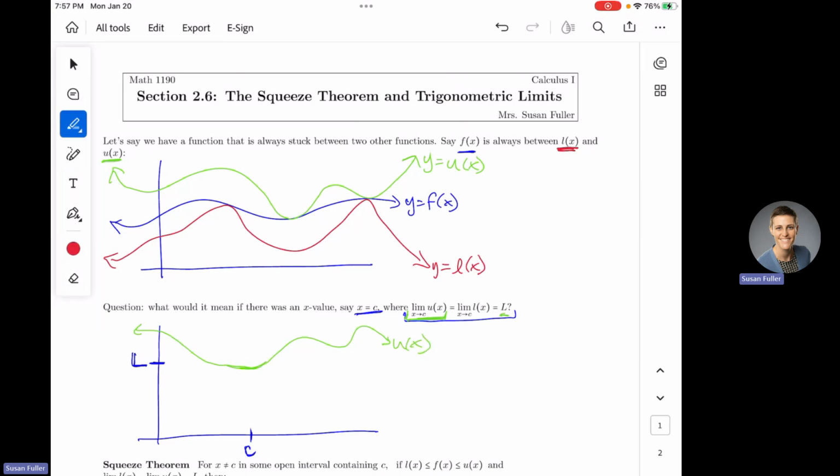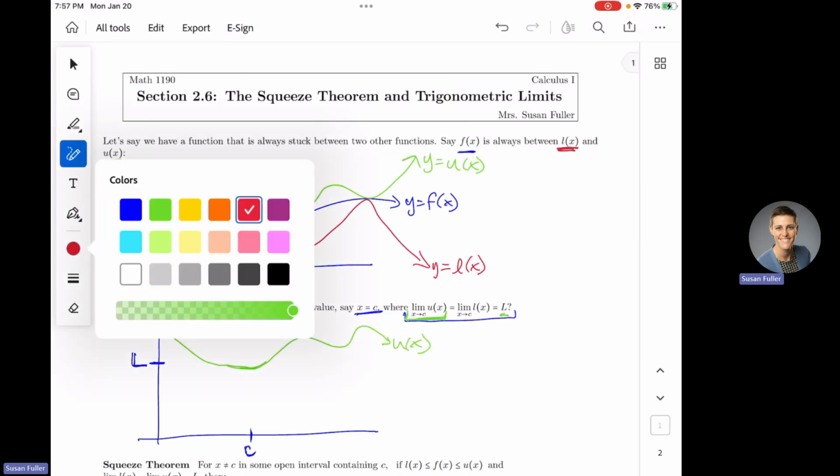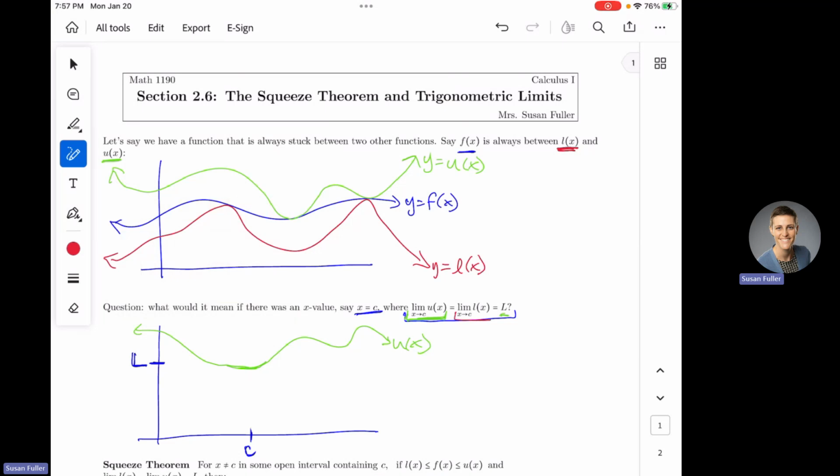Okay, and at the same time that that happens, I also need the limit as x approaches c of my lower function L to be this capital L as well. So that means that my lower function is going to live down here, but I know that as x approaches c, y has to approach L. And it has to do that from both sides.